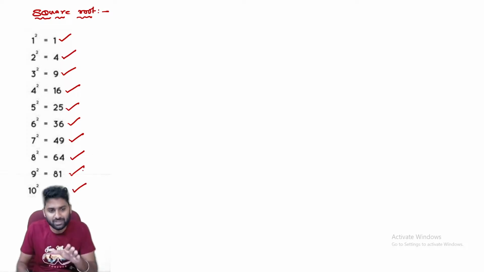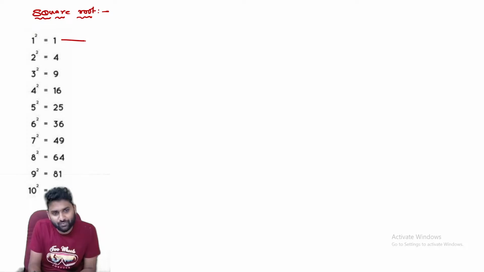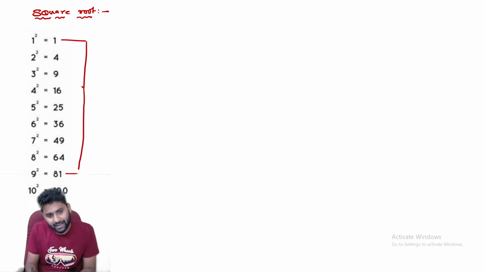If you go through these 10 references, you can observe a common point. Yes, there is one common point here. Units place 1 is repeated in 1 square and 9 square.